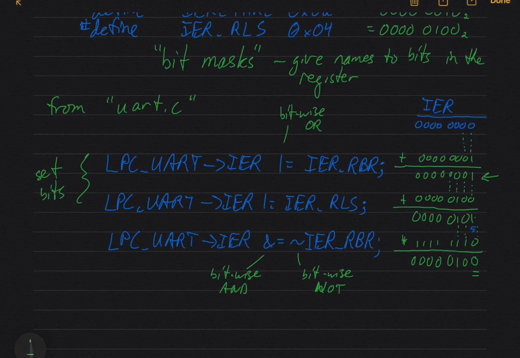So the thing to the left here, this part here gets ANDed with this part over here, and then the result goes back into this part over here. And so this is an example of clearing a bit.